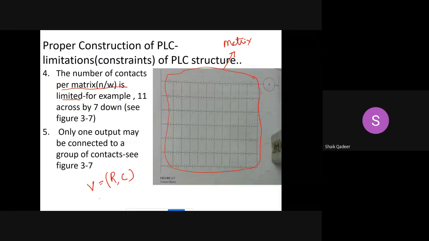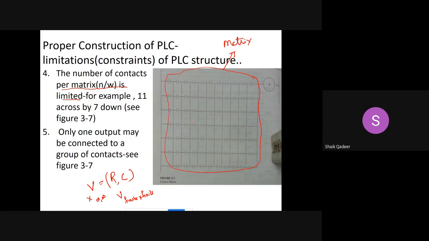That matrix should be of limited size. It cannot be infinity by infinity, right? It must not be like this dimension. Instead, it must be a finite by finite dimension. That is the meaning of rule number 4: the size of the logic which we are writing with the help of a matrix must be limited.